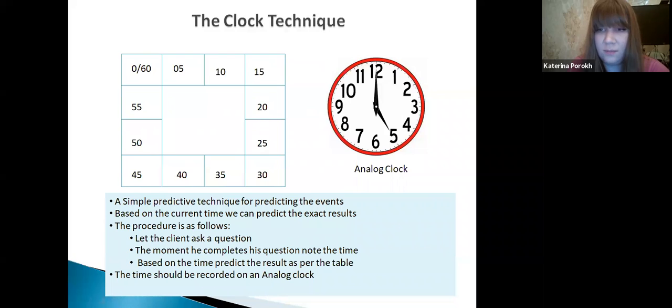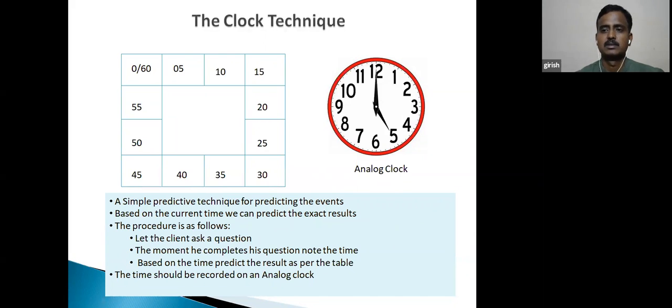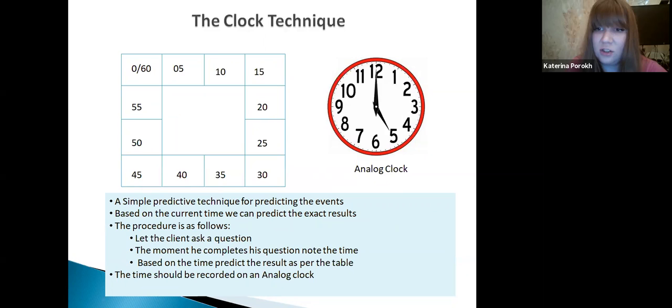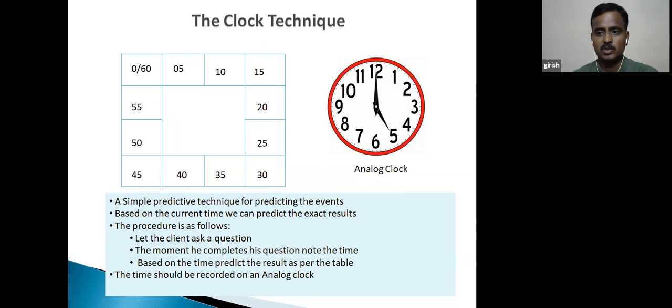Okay, so similarly you can calculate for all the other hours. I took an example of 12 o'clock, so that the question will be like, what will happen when it is 3 o'clock or 9 o'clock.